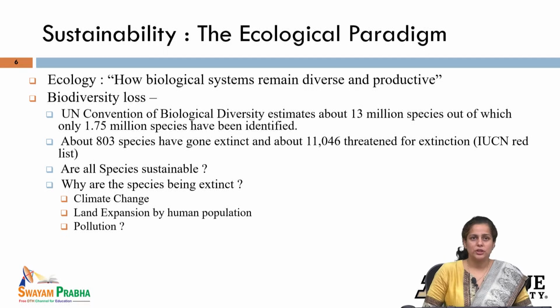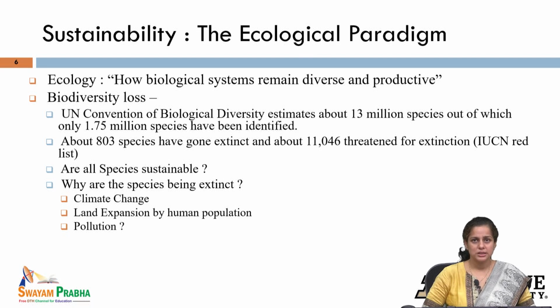However, when the UN Convention on Biological Diversity met, they estimated that there are about 13 million species, and we are still discovering new species. However, in about 2010, they estimated that 803 species have gone extinct and about 11,000 are threatened with extinction.